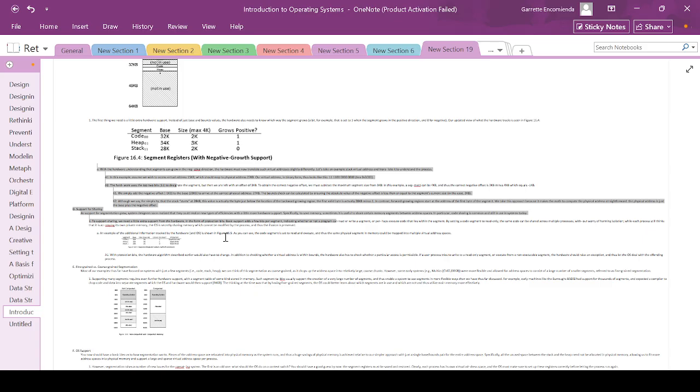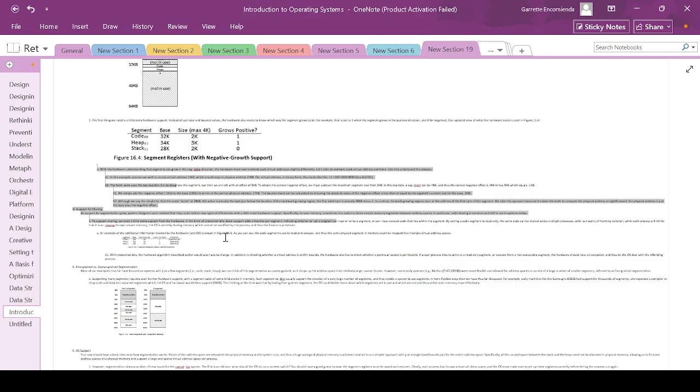In this example, a segment can be 4 kilobytes, and thus the correct negative offset is 3 kilobytes minus 4 kilobytes, which is negative 1 kilobyte. So we simply add the negative offset, negative 1 kilobyte, to the base 28 kilobytes to arrive at the correct physical address, which is 27 kilobytes.